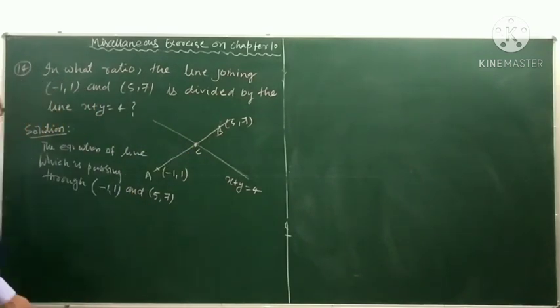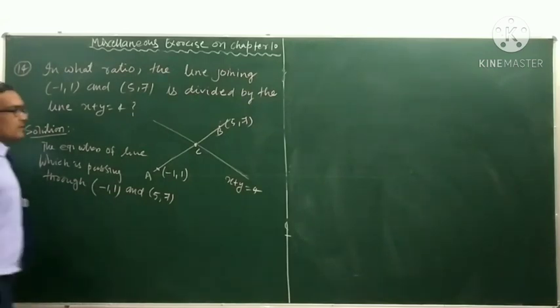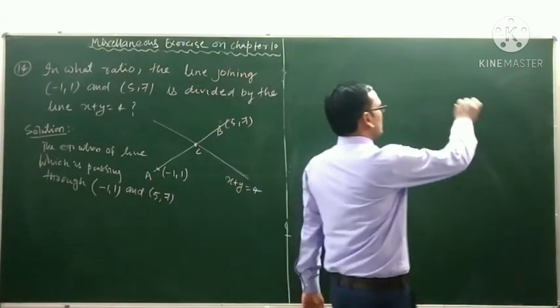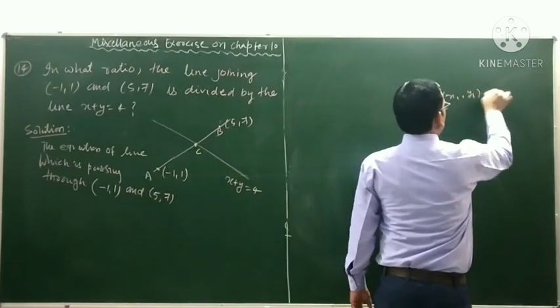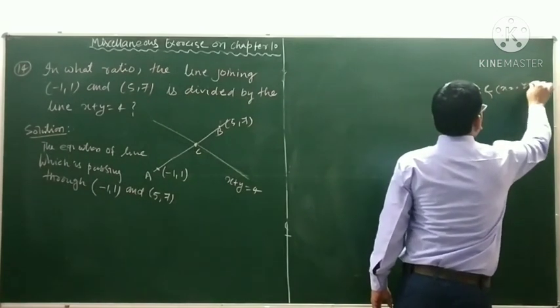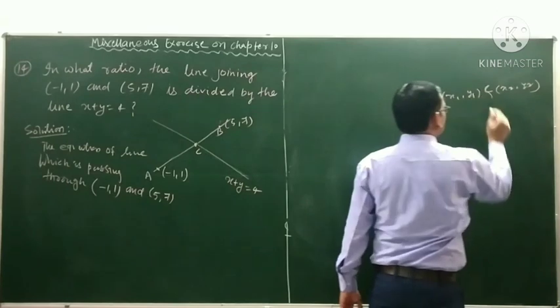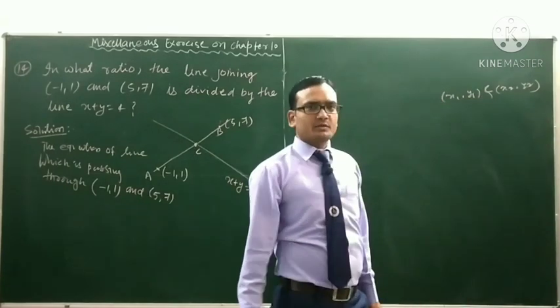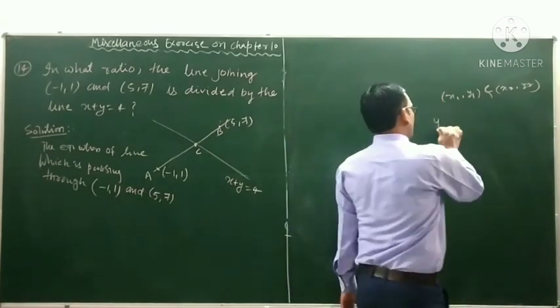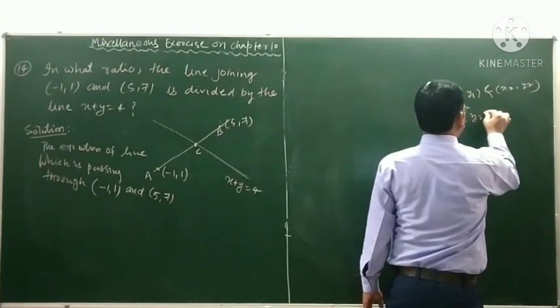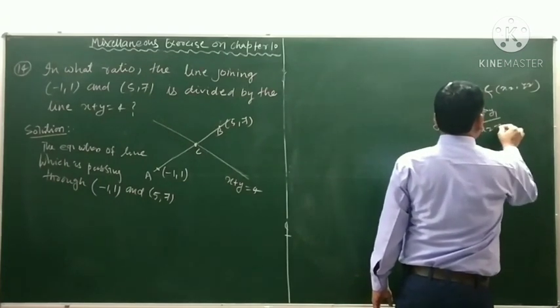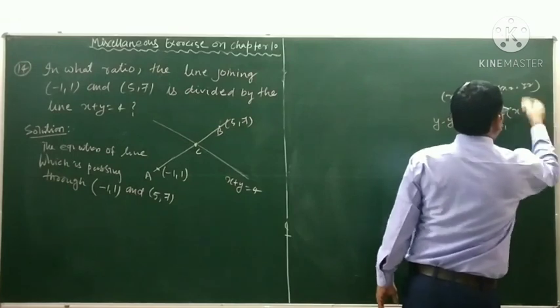Okay students, we have already discussed the equation of the line passing through the points (x1, y1) and (x2, y2): y minus y1 equals (y2 minus y1) upon (x2 minus x1) into (x minus x1).